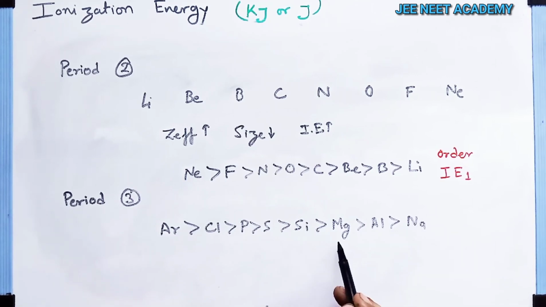Magnesium needs more ionization energy than aluminium because magnesium's S subshell is fully filled.